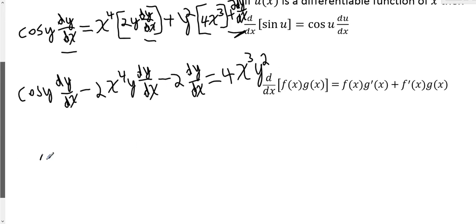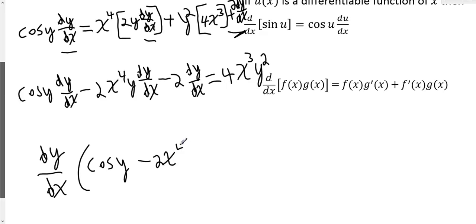Now that I have all the terms that have dy/dx on the same side, I can factor out that dy/dx, and I'm going to be left with the cosine of y minus 2x to the fourth y minus 2, equaling 4x cubed y squared.